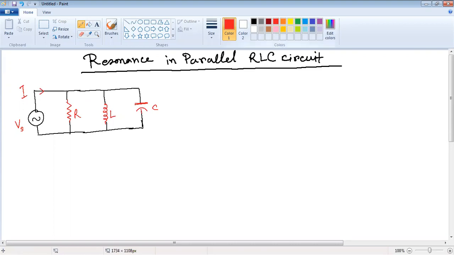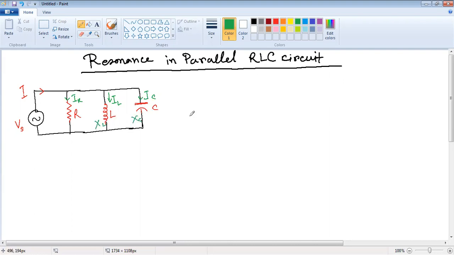The current is divided in three parts: IR flowing through the resistance, IL flowing through the inductance, and IC, the capacitive current flowing through the capacitance. The impedances are R, XL and XC.